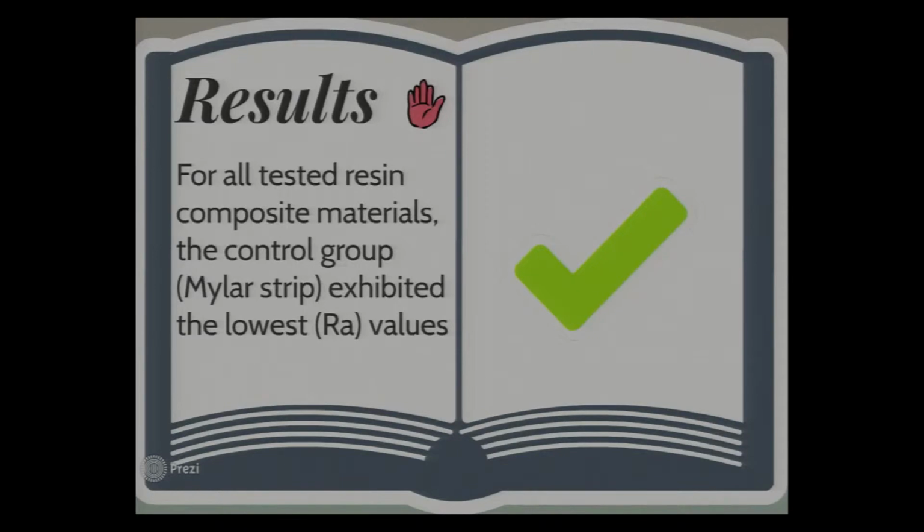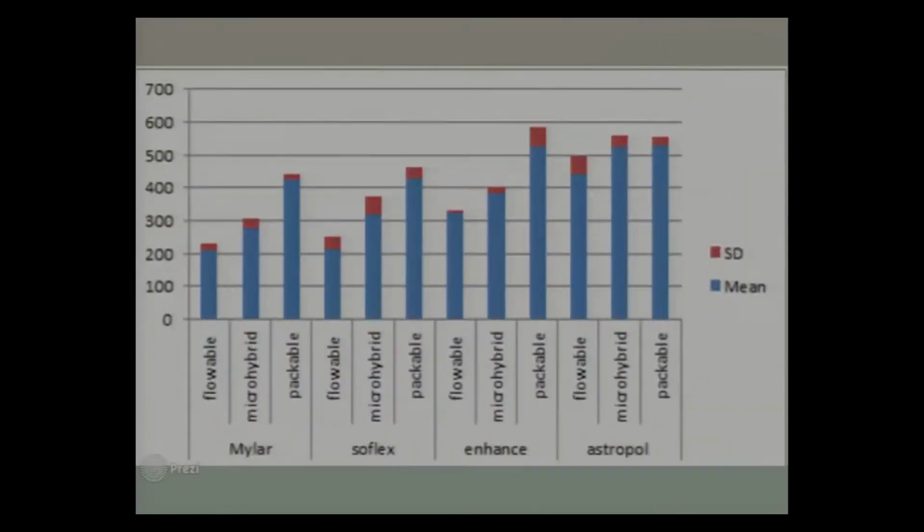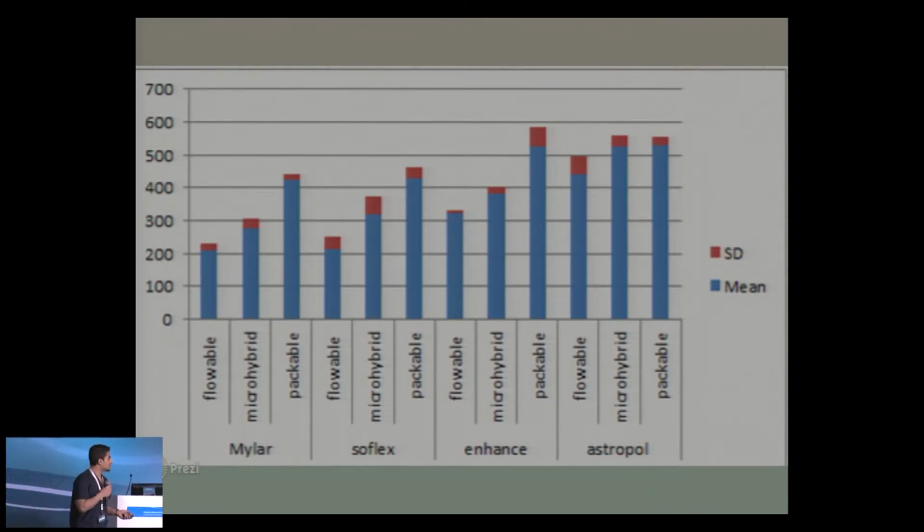Our results were that for all tested resin composite materials, the control group exhibited the lowest values, which I said in the previous slide, the control group with 10 samples. We can see the figure here.